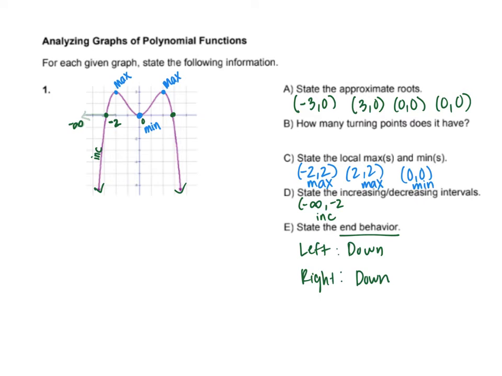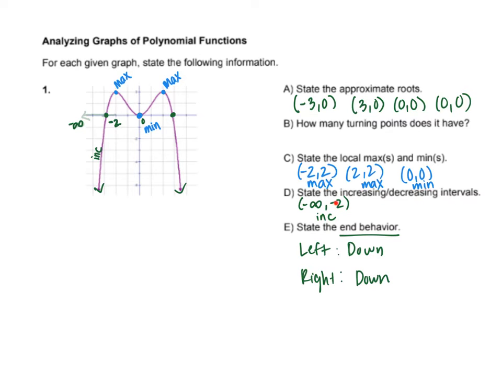I also want to mention here, I did not put a bracket or parentheses yet on this -2 because I want to discuss with you guys. So when x is -2 right here, your roller coaster cart is sitting on top of this hill right now. And you have to realize that at this point, it's not increasing or decreasing. So it's neither. In that case, you want to use a parentheses because it's not increasing.